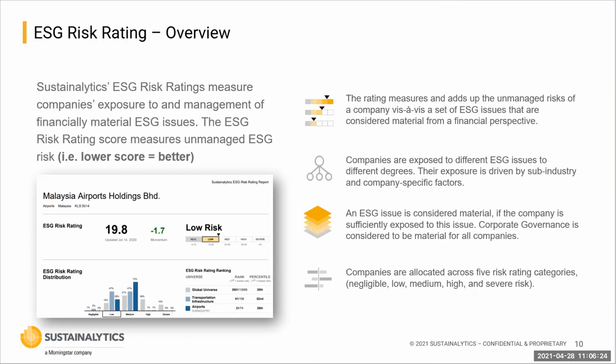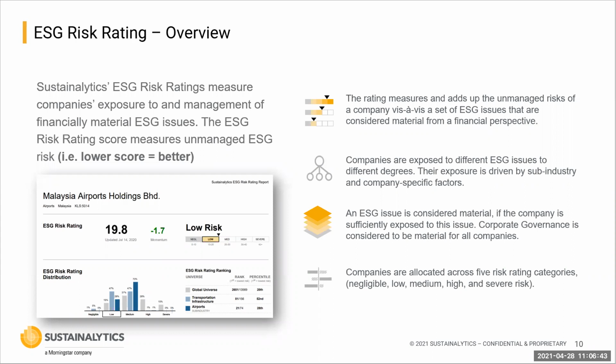The approach we take to quantify unmanaged ESG risk is two-pronged. The first is looking at absolute exposure to ESG risk, and then assessing how well a company is managing that exposure to risk.